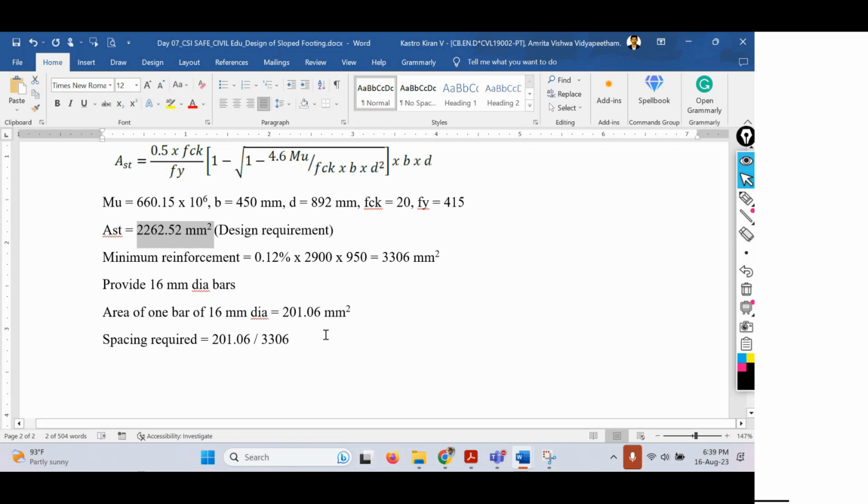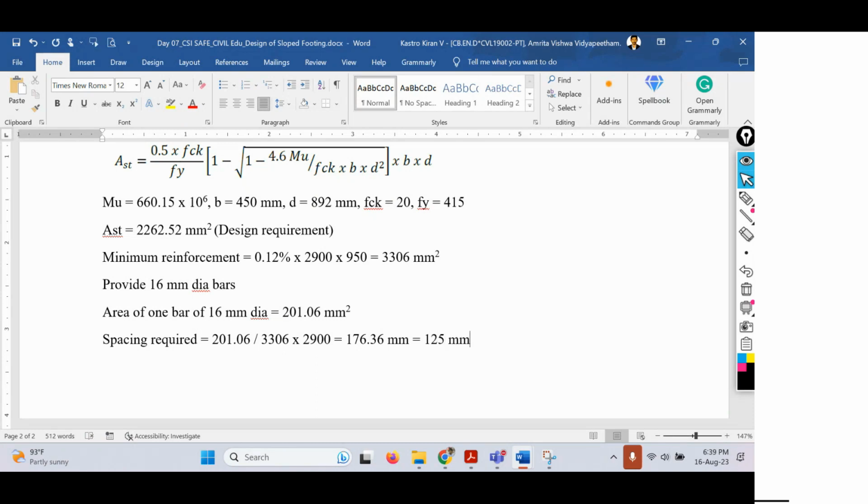So don't confuse that. So spacing required equals to area of one bar of 16 mm diameter by total area into the width of the footing. What is width of the footing? Width of the footing is 2900. So therefore, the spacing value will be 176.36 mm. So we can round off this value to 125 mm or 150, whatever. So I'll just round it off to 125 mm.